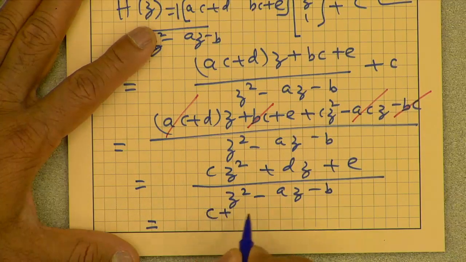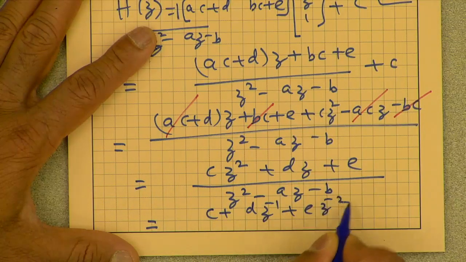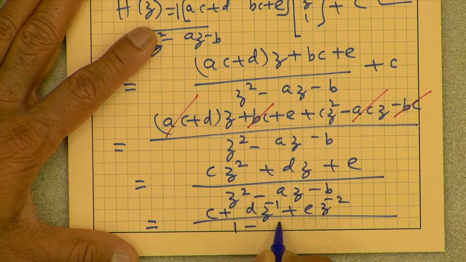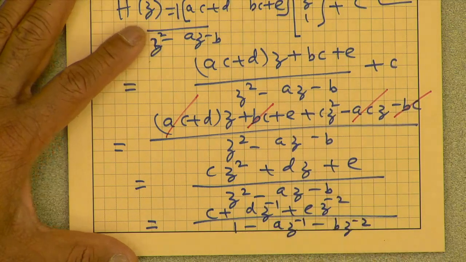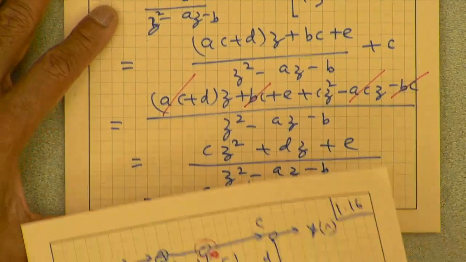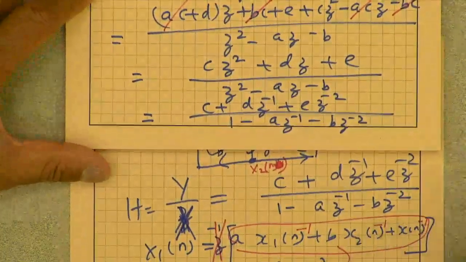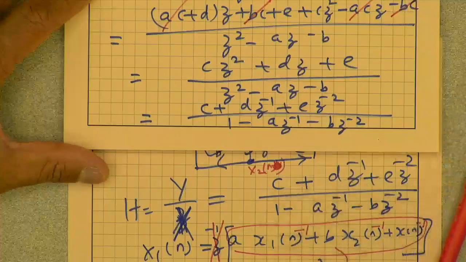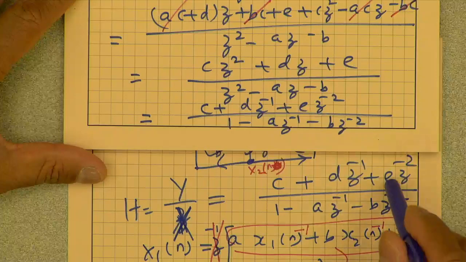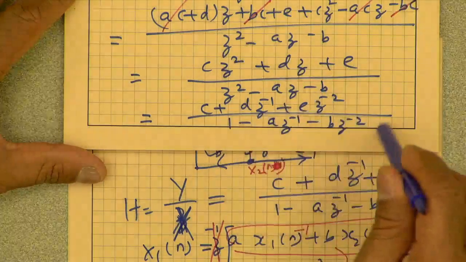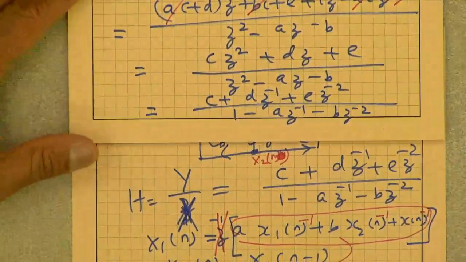Then this will be C plus Dz to the power minus 1 plus Ez to the power minus 2, divided by 1 minus az to the power minus 1 minus bz to the power minus 2. Indeed, that's exactly the same as what we would have expected to see by inspection. So it's a roundabout way, but we will see.